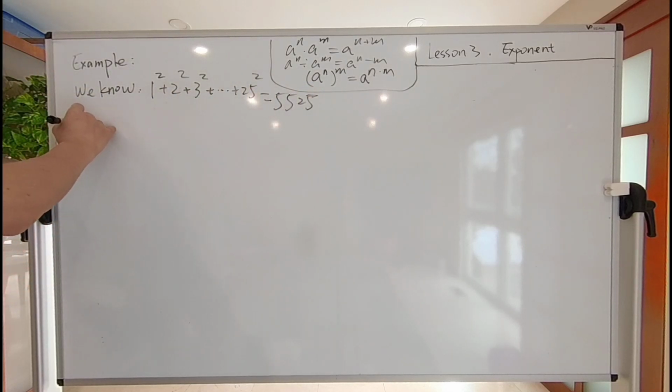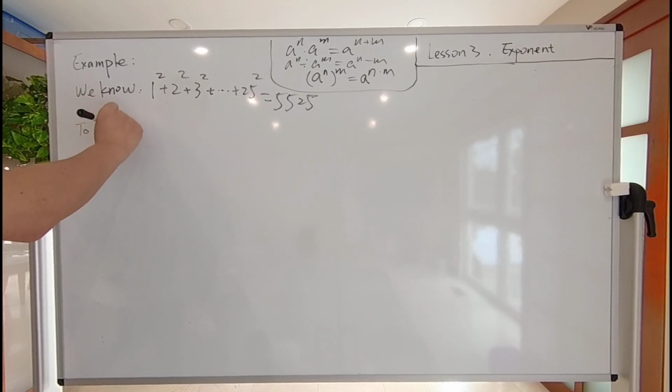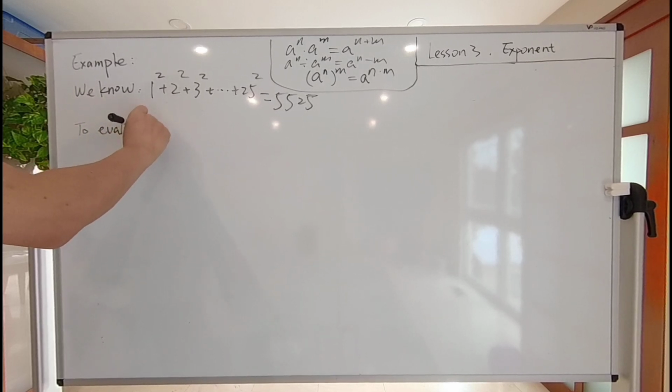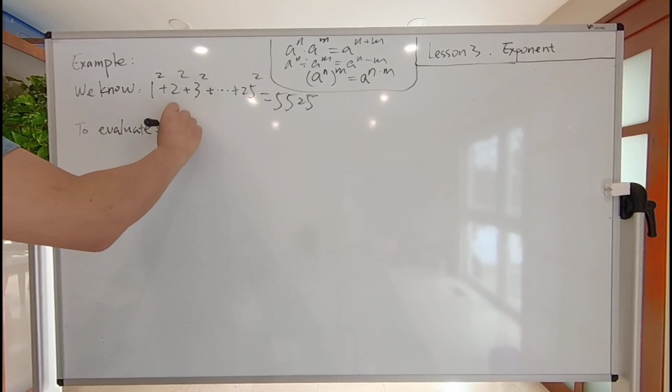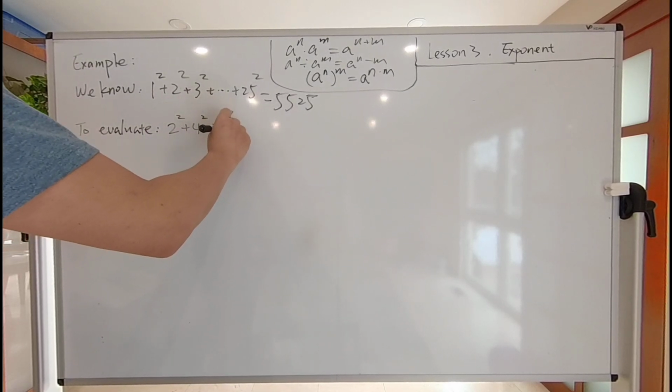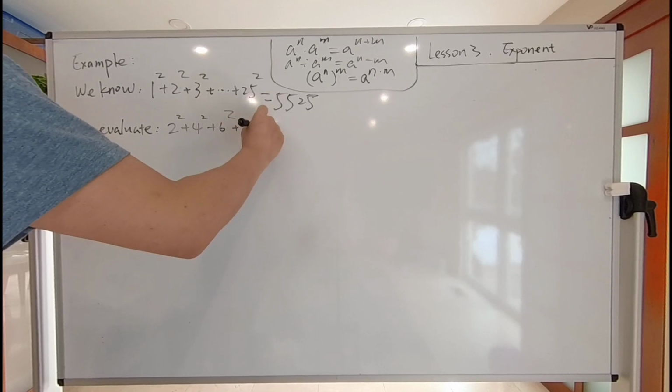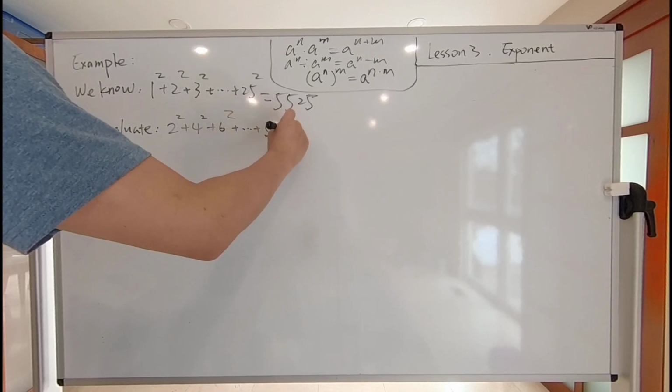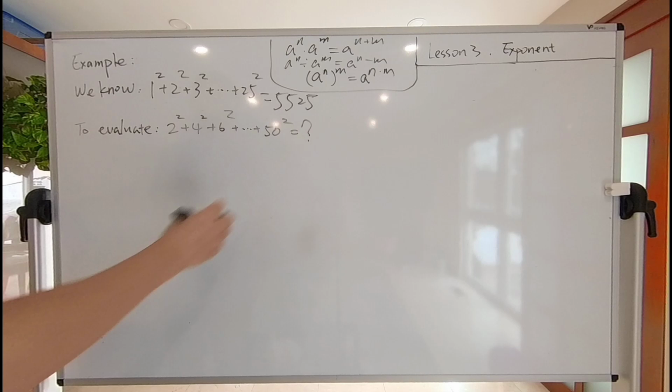Now, evaluate 2 squared plus 4 squared plus 6 squared plus, until 50 squared. So what is this?